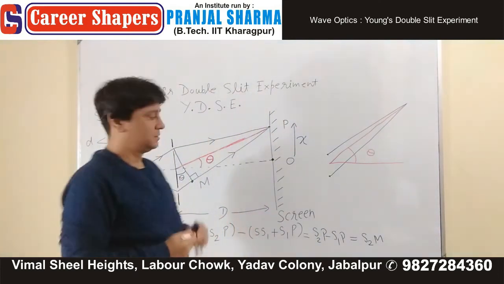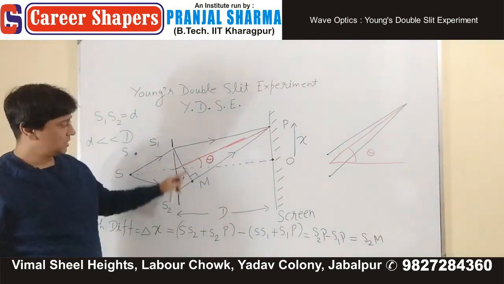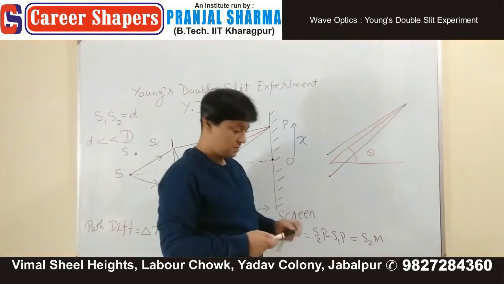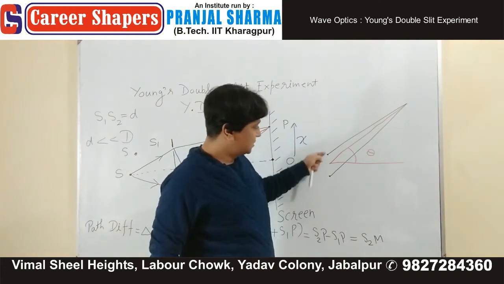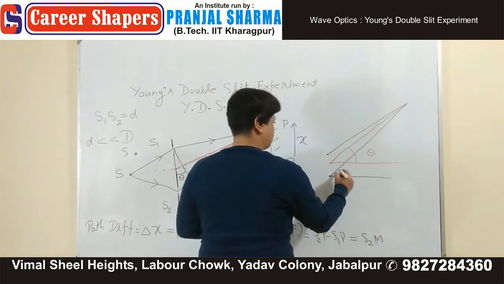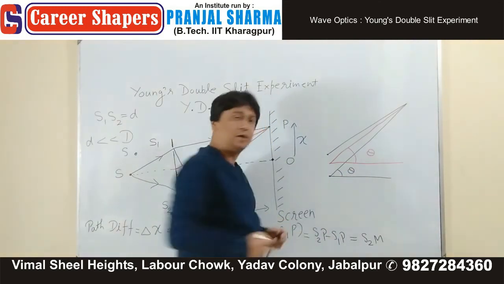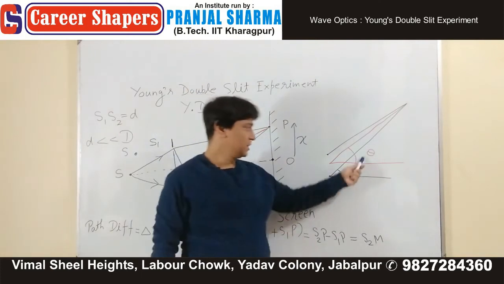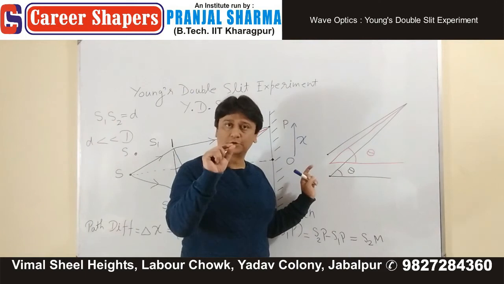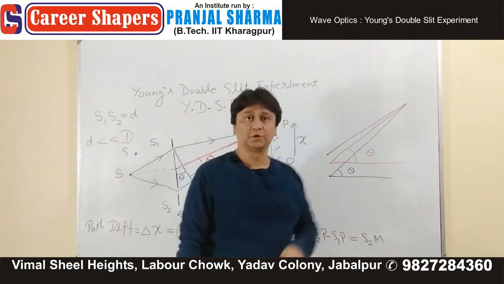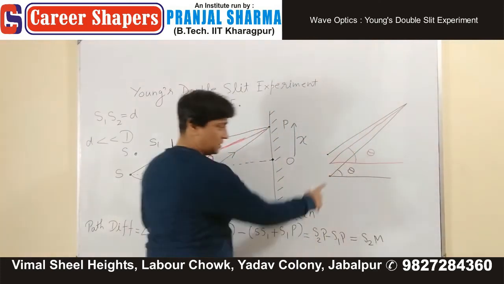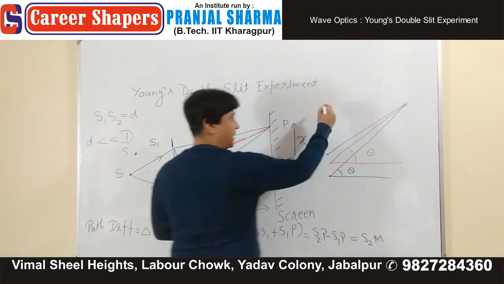This is theta. With the horizontal red line, its angle is theta. Now, this and this separation is very, very small, and therefore we can say that even this angle is theta, approximately. S1 and S2 are close to each other. This is theta, this is also theta.